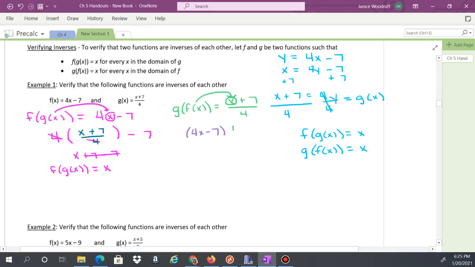Then we're going to do plus 7 over 4. So that went in for this x right here. And then I have negative 7 plus 7 cancels. 4 over 4 cancels. And I'm left with just this x right here.